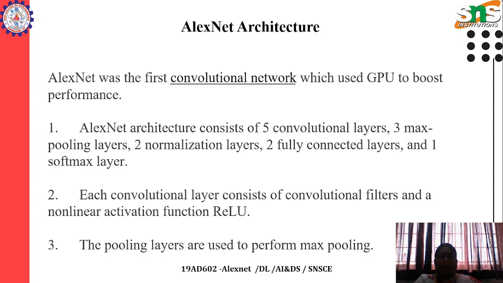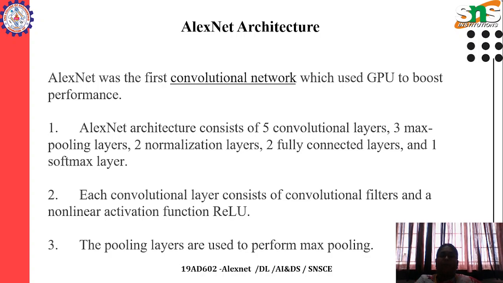AlexNet architecture totally has 5 convolutional layers. Each convolutional layer consists of convolutional filters and a non-linear activation function, which we say is ReLU. The detailed explanation of what ReLU is will also be discussed in the coming lecture series. The main use of the convolutional layer is filtering.